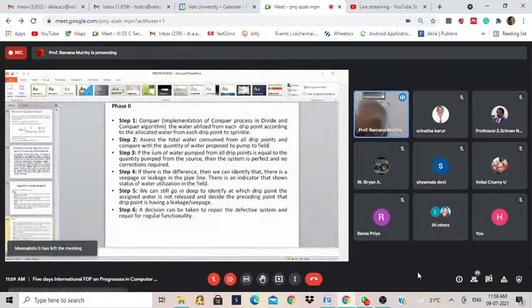Same thing, the new status of the drip can be found. Using this simple logic, you can find it out. That will help you determine the dislocation or malfunctioning of the drip. Then a decision can be taken to repair the defective system for regular functionality.